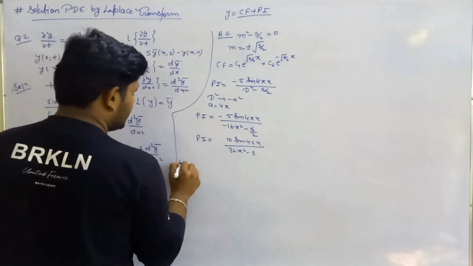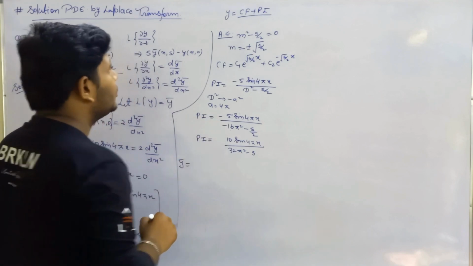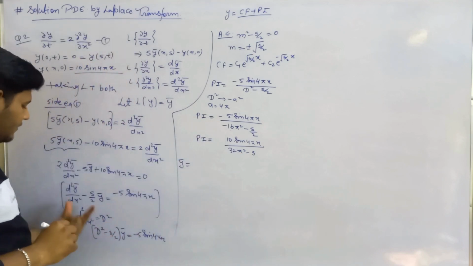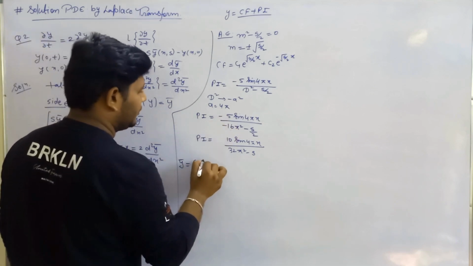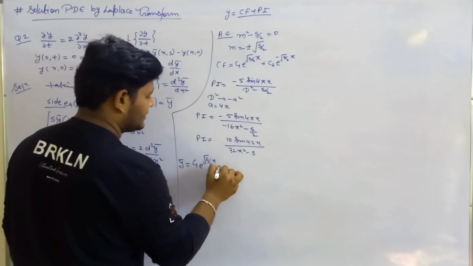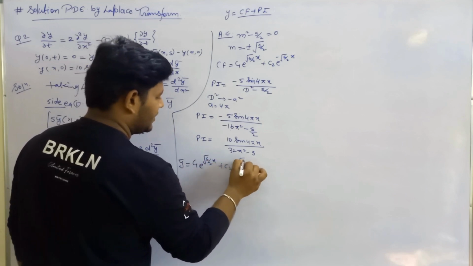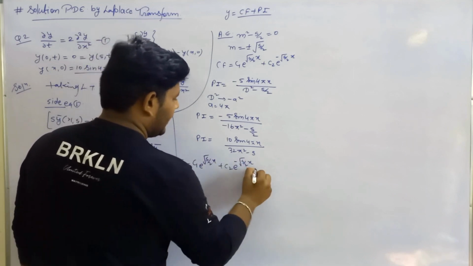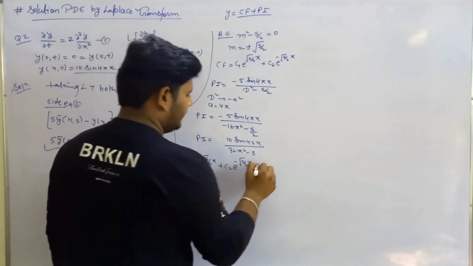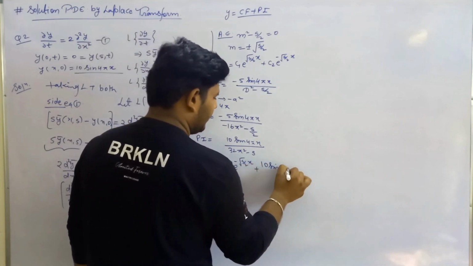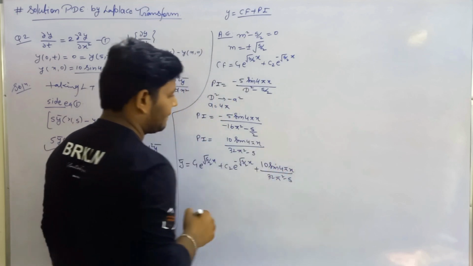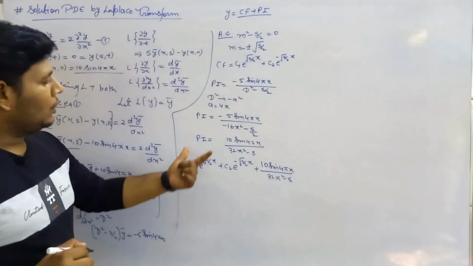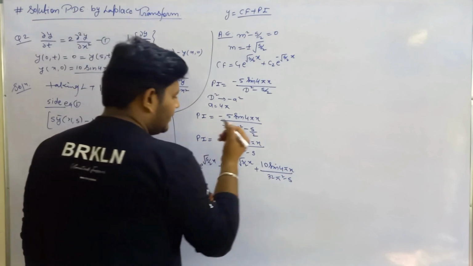So the general solution is y bar equals CF, which means c1 e to the power root of s by 2 x plus c2 e to the power minus root of s by 2 x, plus 10 sine 4 pi x over 32 pi square plus s.